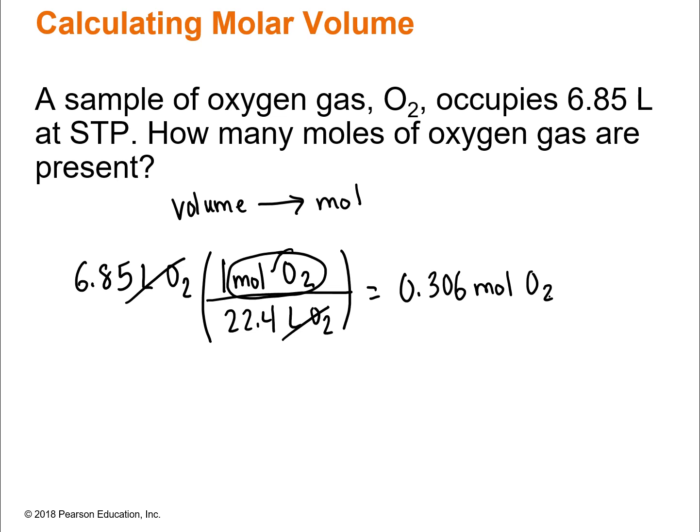So if we were doing the other way, where you had the number of moles and you had to calculate the volume, you would just flip this unit factor. So several of you got that answer, which is great. Are we ready to move on?